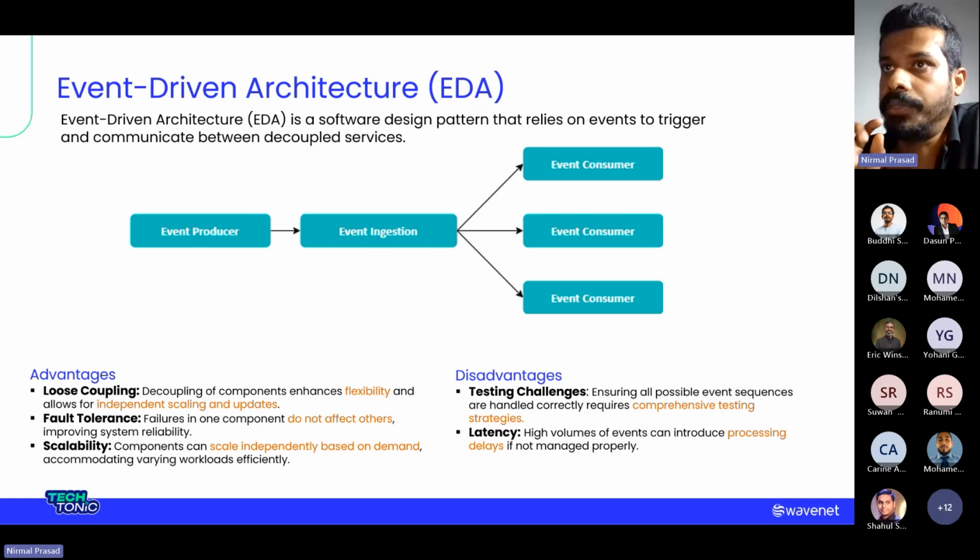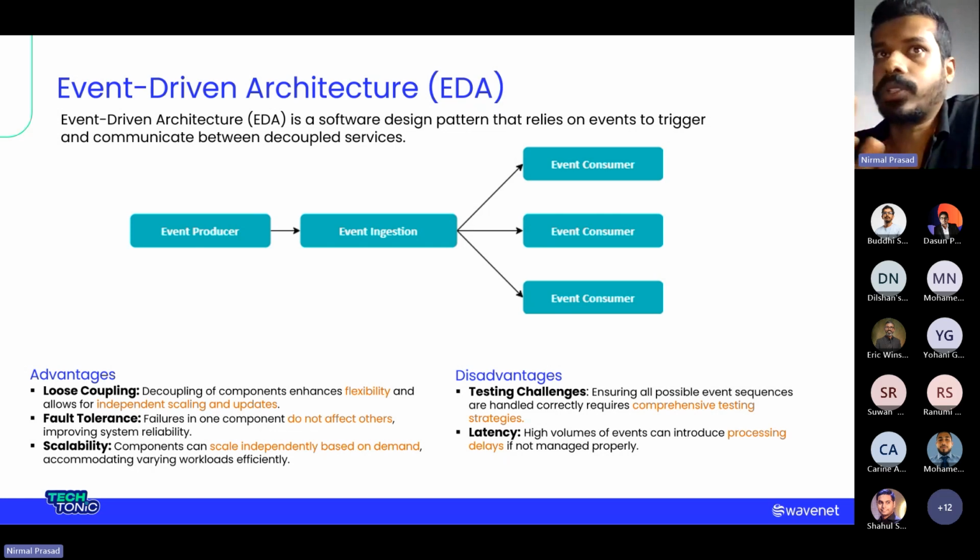If you are designing this kind of architecture, we need a proper logging mechanism and comprehensive testing strategies. And again, latency is there, because most of this communication goes not only over the internal network but also over the internet. Then we need to manage that latency also.